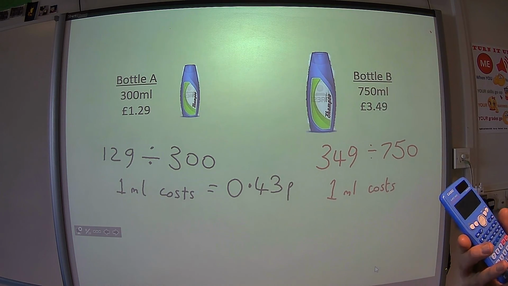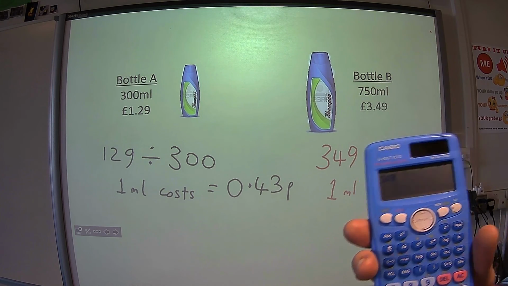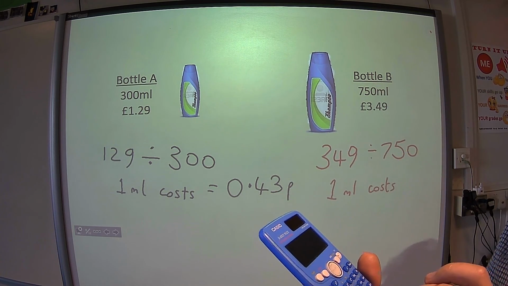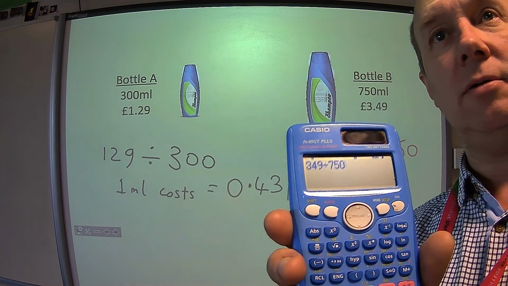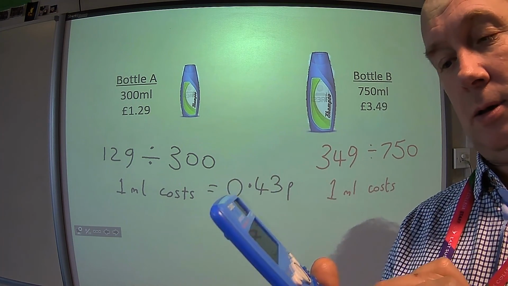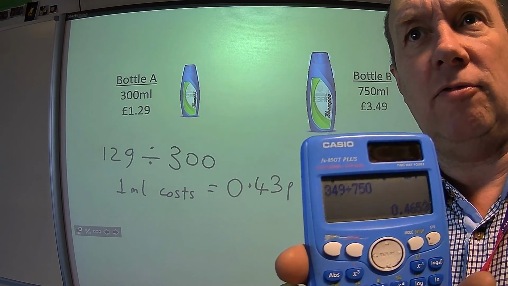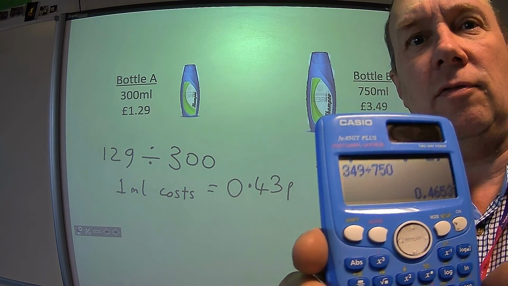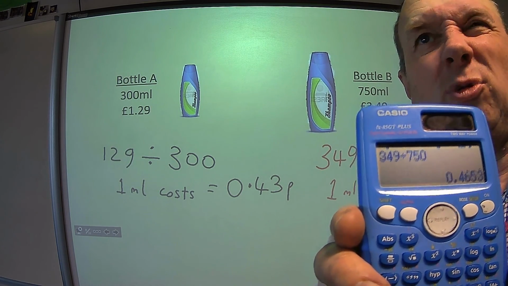And this one is, cancel that, 349 pence divided by 750 millilitres. There we go. Equals, and I get 0.465. Can you see that there? I'm going to call that 0.47.